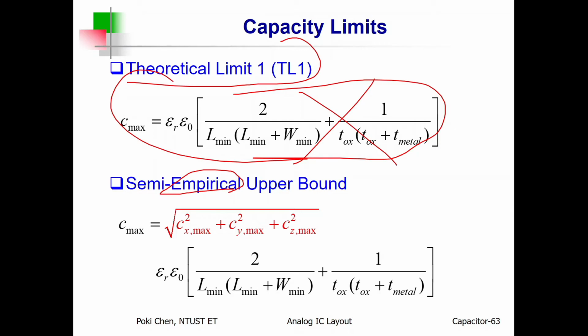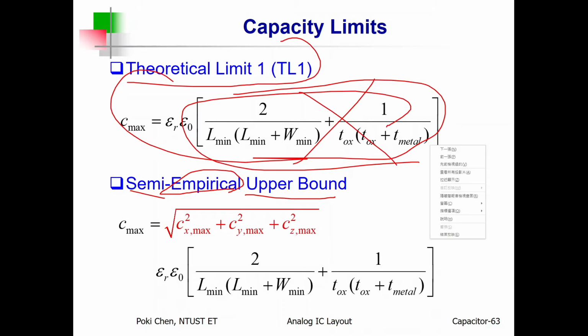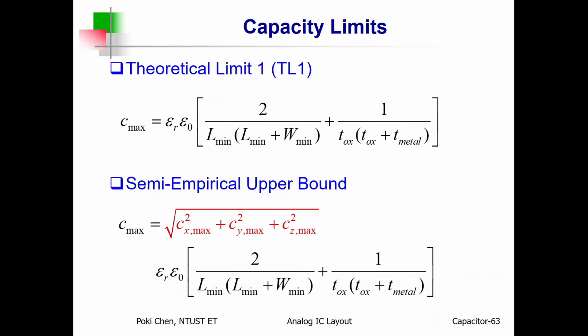Empirical means according to our experience, right? So semi-empirical upper bound means more practical than the ideal one. The new equation actually has such kind of modification term.